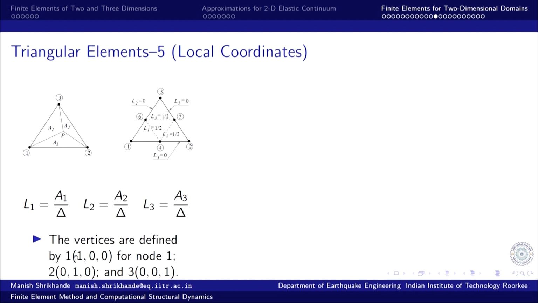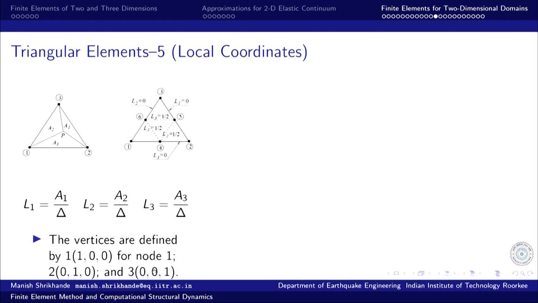So, coordinates of vertex 1 will be 1 0 0, coordinates of vertex 2 will be 0 1 0 because L2 will be 1 when point P coincides with vertex 2, and the coordinates of vertex 3 will be 0 0 1.